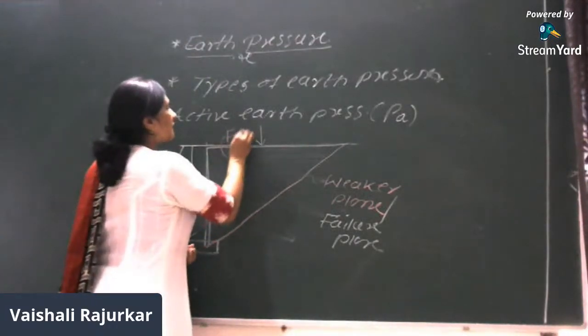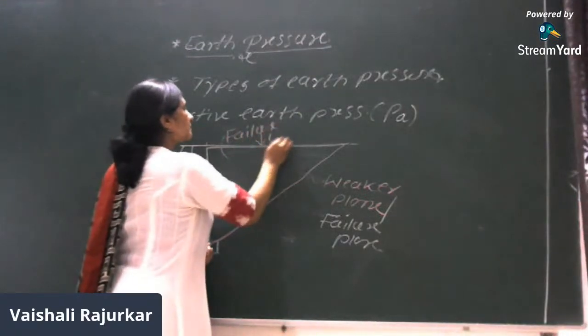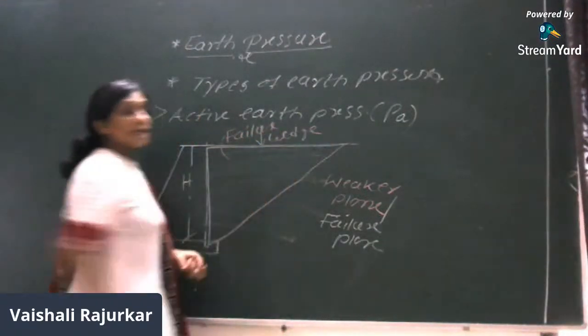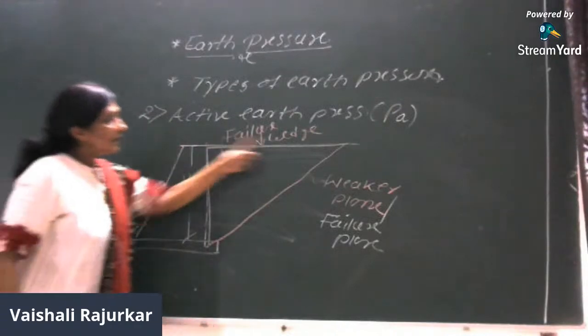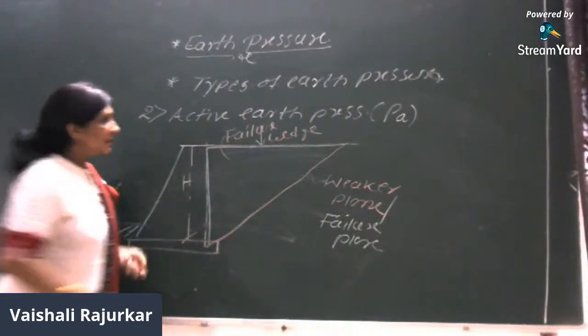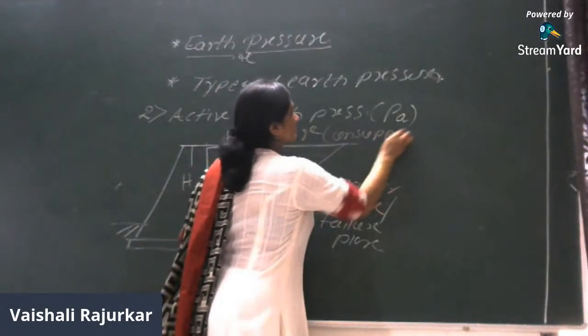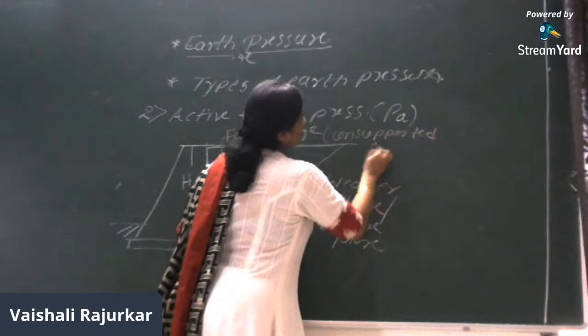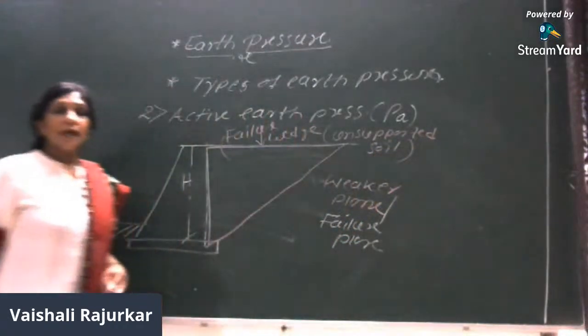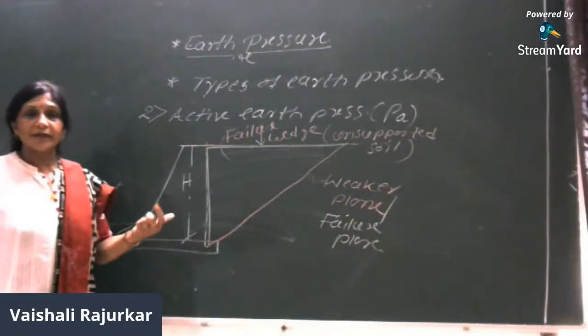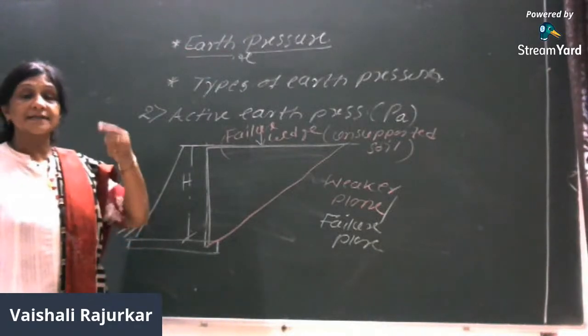So this is a failure wedge. This failure wedge is an unsupported wedge, or an unsupported soil mass.